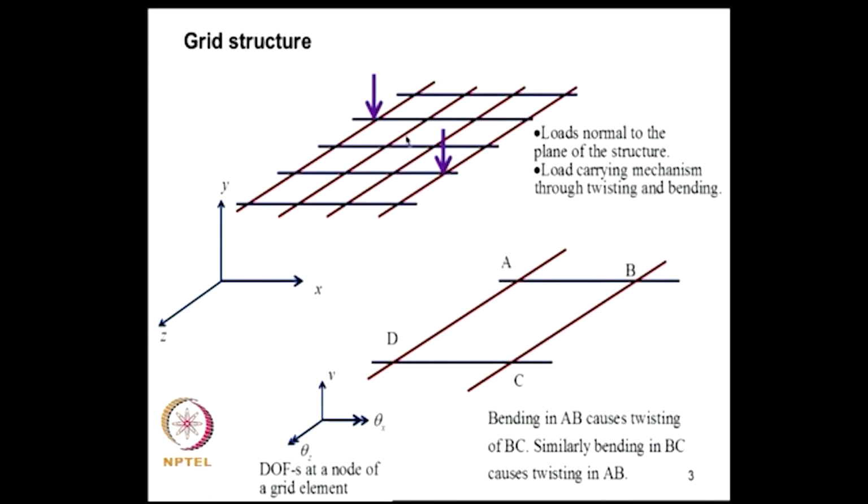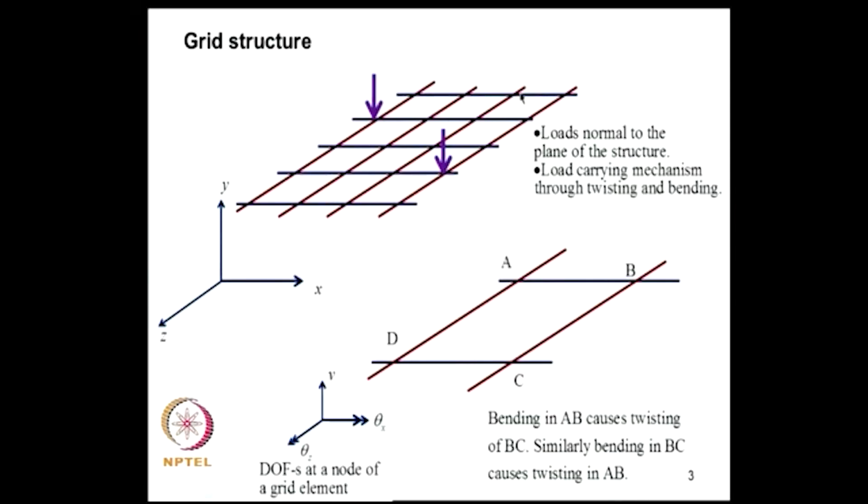Whereas, in plane frames all the elements were lying on the same plane, but load was acting in the same plane as the elements. Here the load is acting transverse to the plane on which the elements reside. So, an example for this would be a bridge deck. These girders can be thought of as longitudinal girders, and these can be thought of as transverse girders.